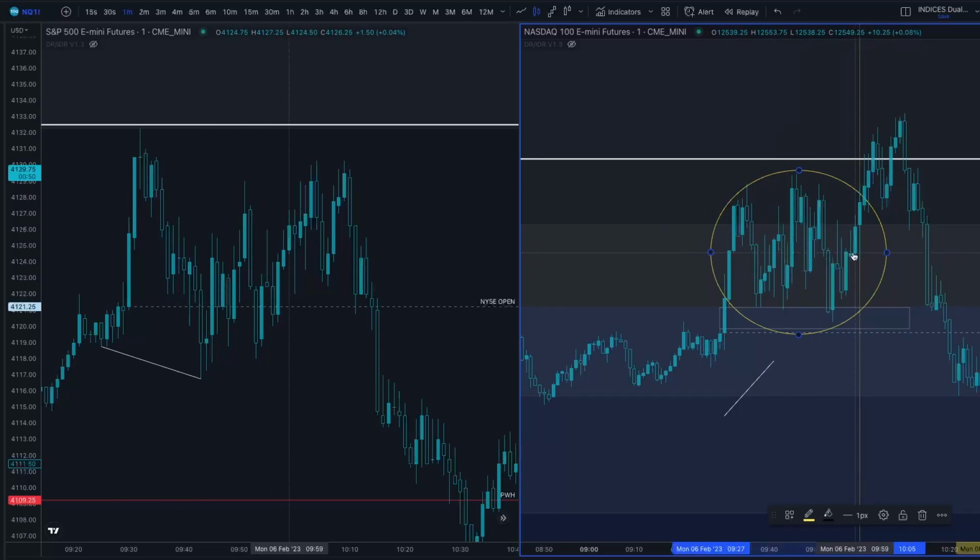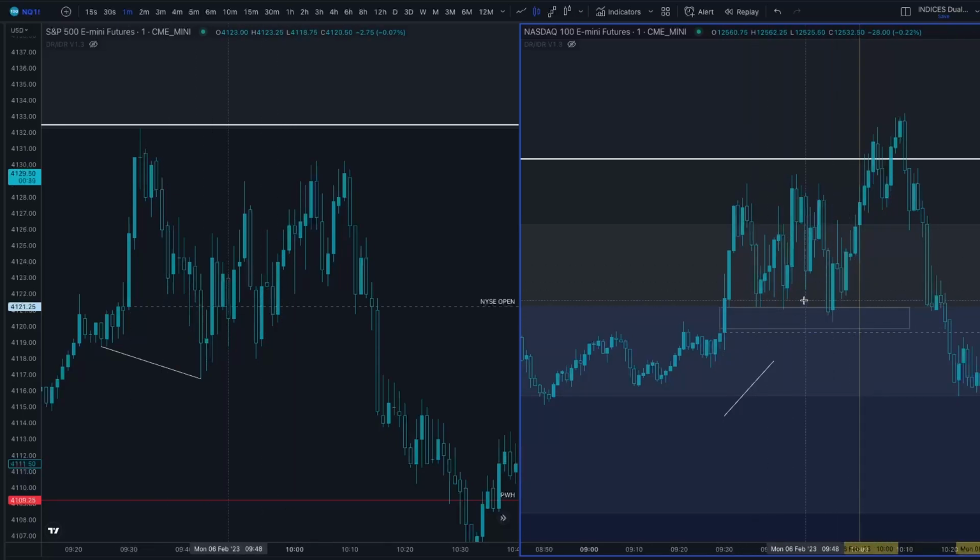And now we're getting closer and closer to 10 a.m. And so at that point, once we got to 10 a.m., to right here, I was feeling pretty good because I liked how the structure was looking. I liked how S&P was starting to push up as well, but I definitely moved my stop to basically about break even once we started getting closer to 10 a.m. At that point I wanted to protect myself because I knew we were heading into some congestion.